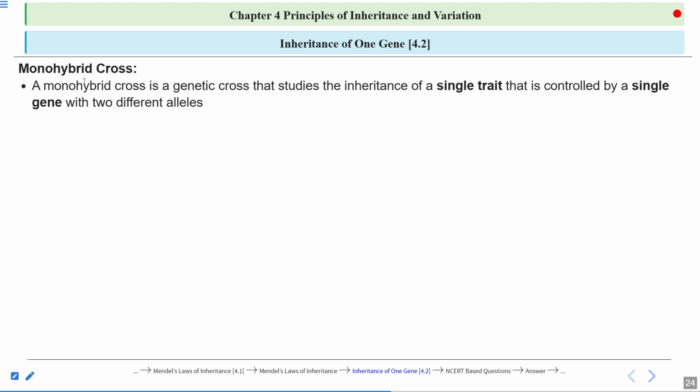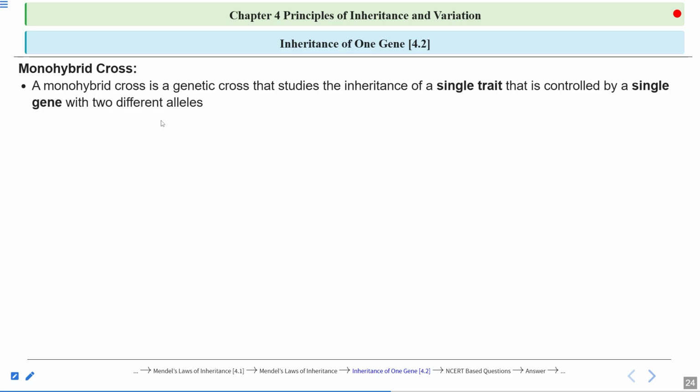Now what is a monohybrid cross? A monohybrid cross is a genetic cross that studies the inheritance of a single trait, controlled by a single gene that has two different alleles, like for height, capital T for tallness and small t for dwarfness.